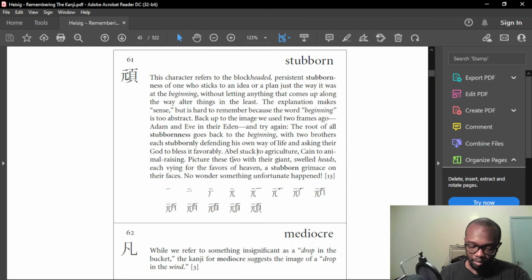So, beginning of the Bible, on the first page, find Cain and Abel, stubbornly sticking to the ways of life. Okay.